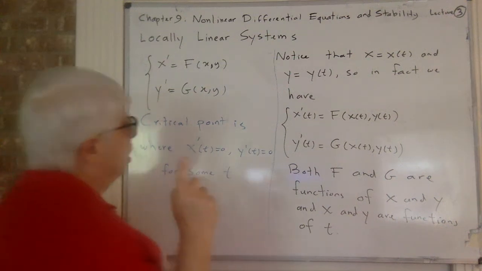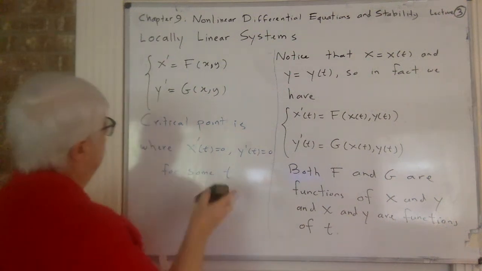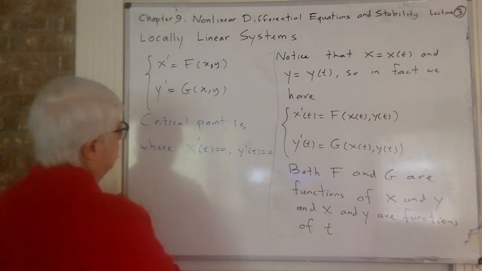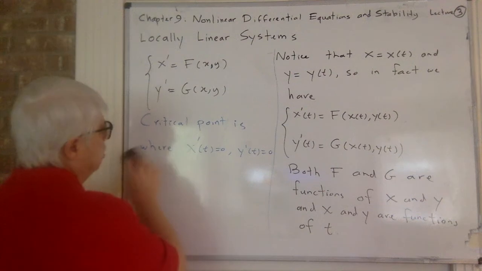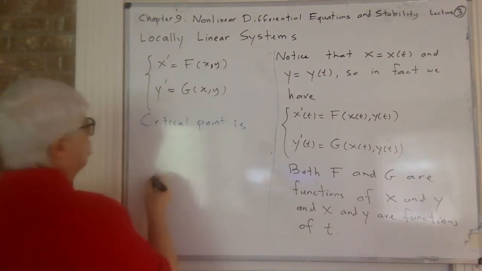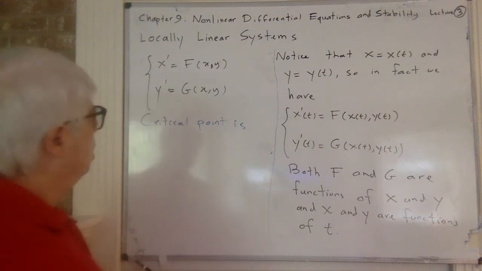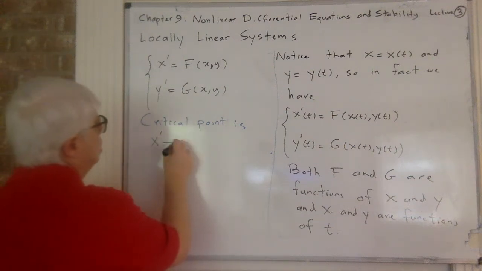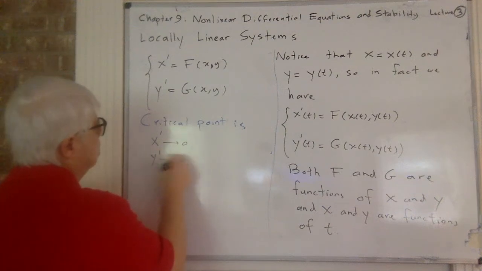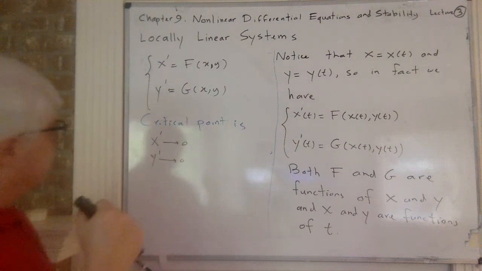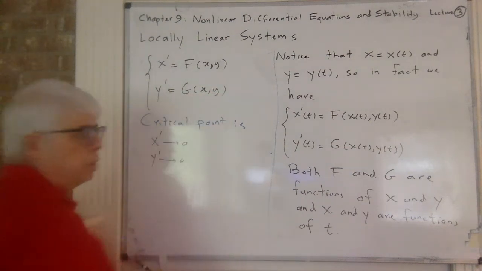We can just say wherever these two are 0. So we never reach a critical point, but let's say x prime goes to 0 and y prime goes to 0.